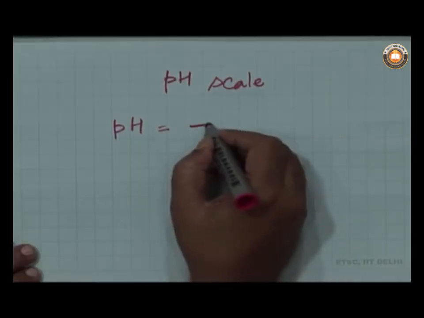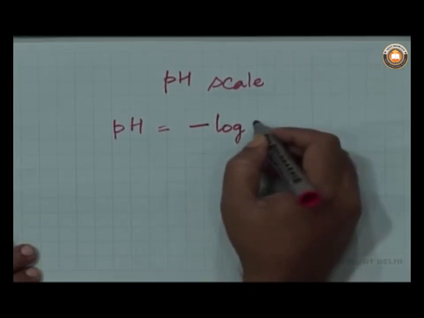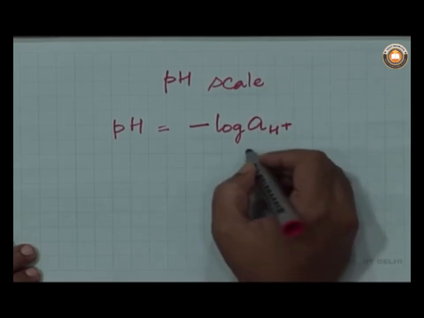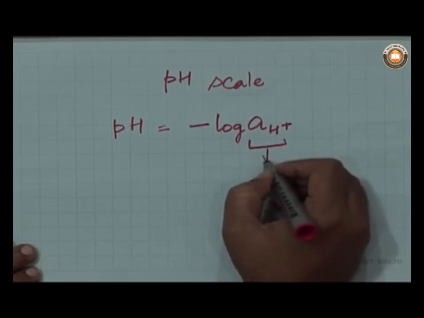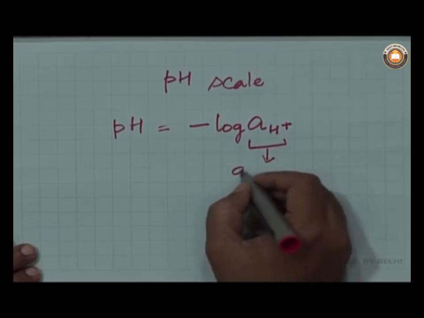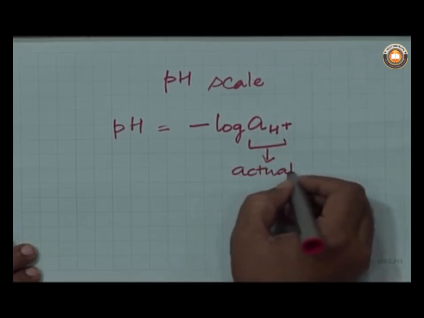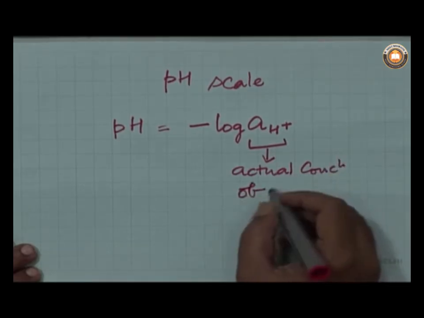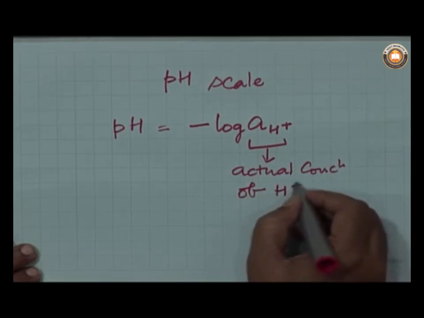as minus log activity of H plus ion. Activity is your actual, real concentration of H plus ion.